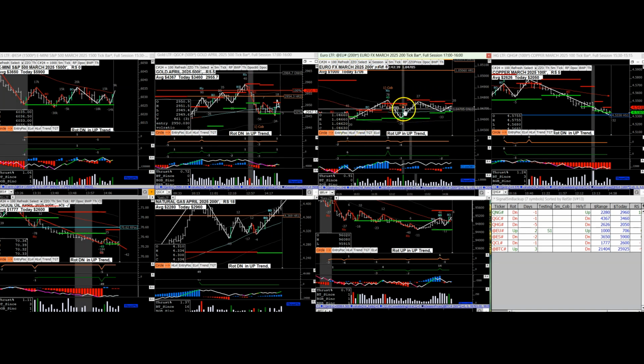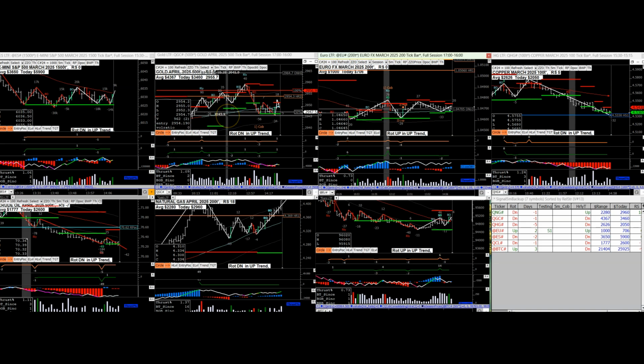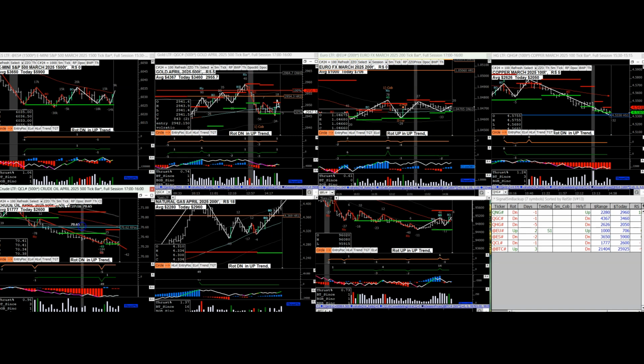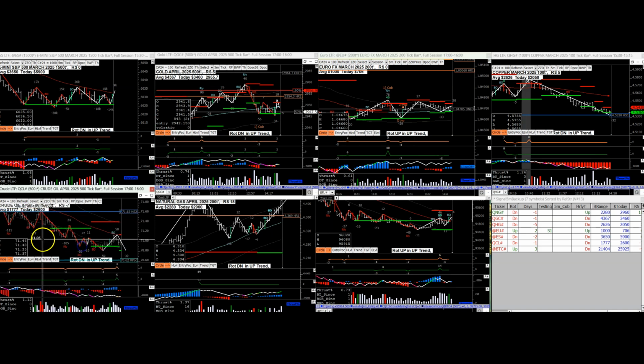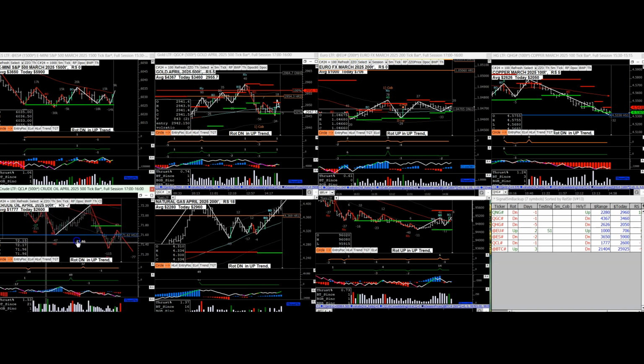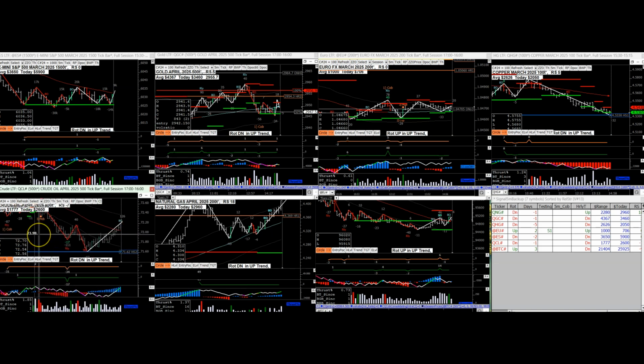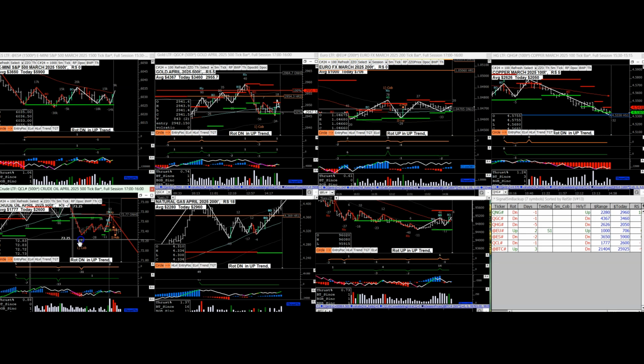Anyway, I think I went over gold and, oh yeah, crude oil. So same thing over. If you understand the mechanics of these waves, it makes it much easier than trying to read candles and all these numbers, right? Like over here, look.